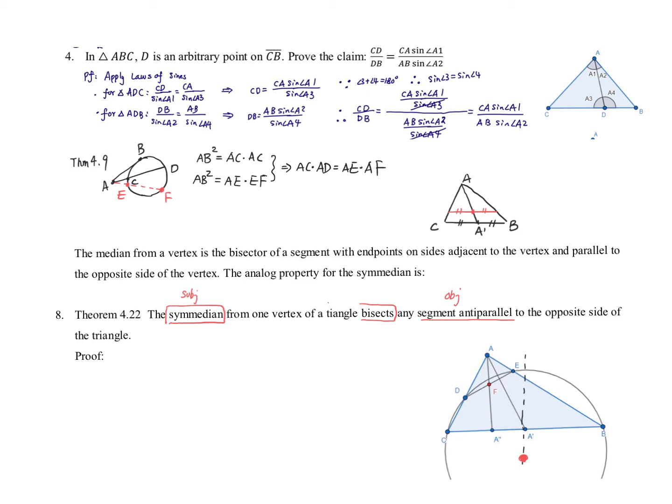So now allow me to write down what's given, what's unknown, what's to be proved, right?